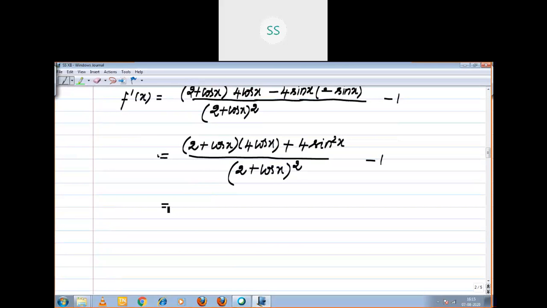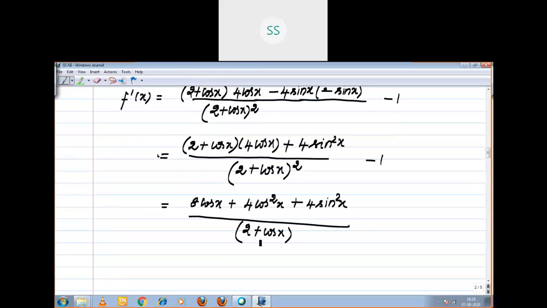What are the things inside the bracket? 8 cos x plus 4 cos square x plus 4 sin square x divided by 2 plus cos x the whole square minus 1. Now you see 8 cos x plus 4 cos square x plus 4 sin square x is there.